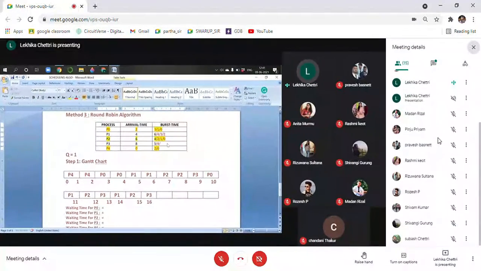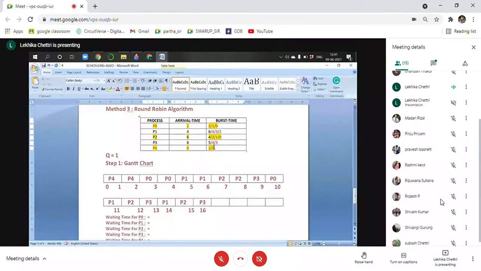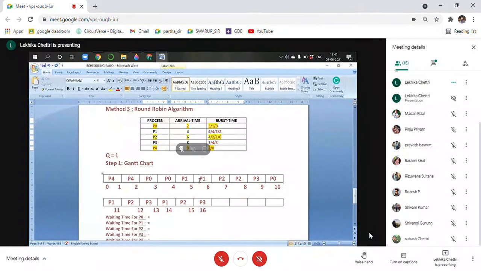P3 will also be updated, right? It needed 5. Here it became 4, here it became 3, here it became 2. Okay, it should be 2.